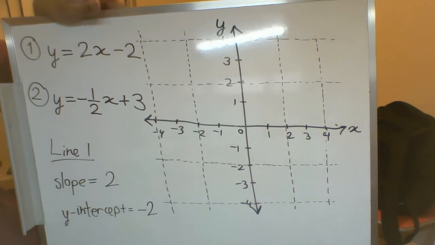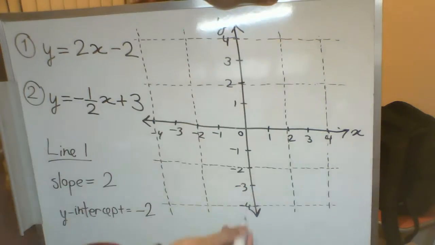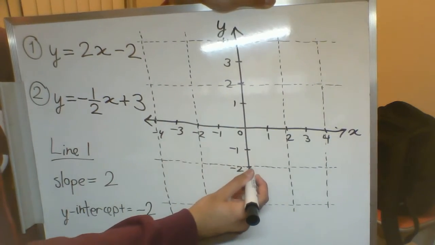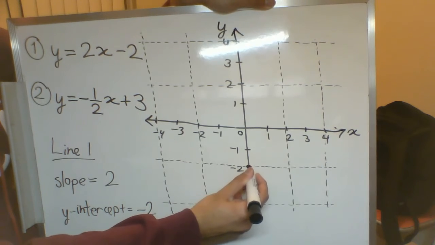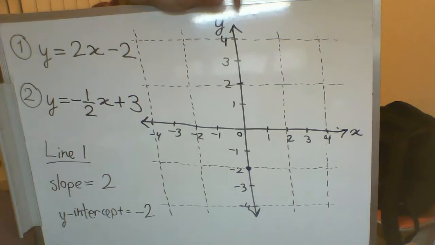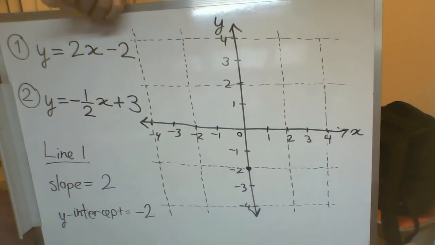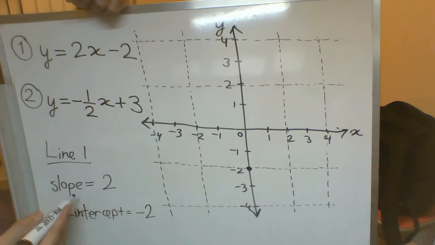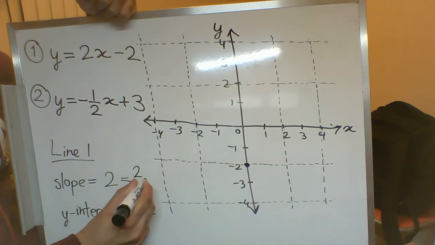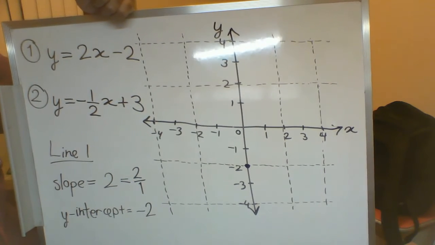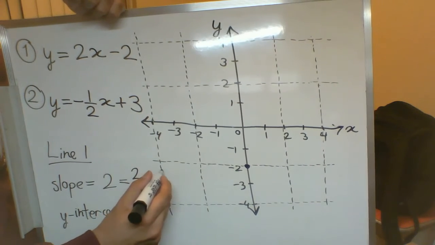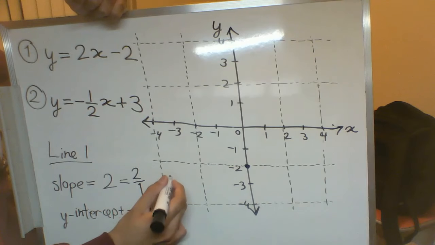Now remember, our y-intercept tells us where we plot our first point on the y-axis. So we'll start off by plotting a point at negative 2. That's our y-intercept, our point on the y-axis for the first line. Now, if we have a slope of 2, that's the same thing as having a slope of 2 over 1, right? And if we write our slope as a fraction, it's very easy to see using the rise over run format.